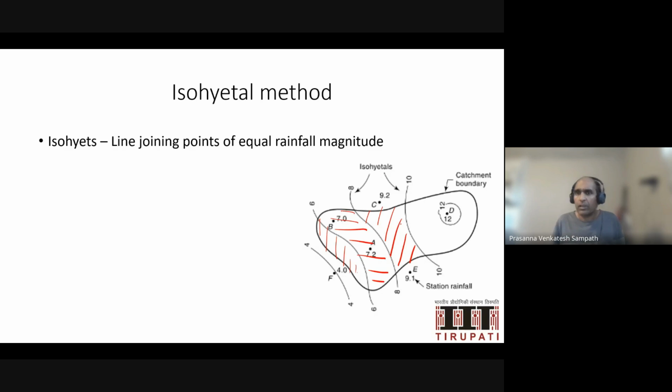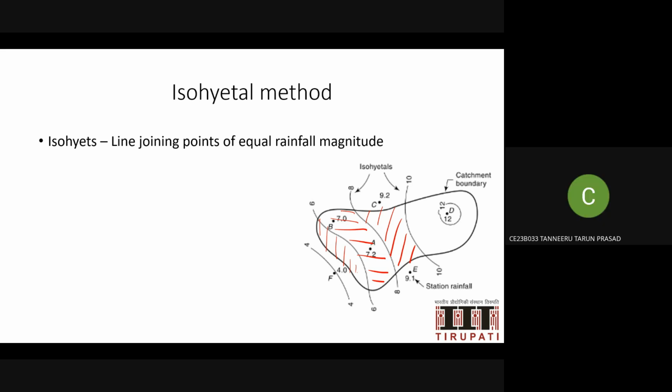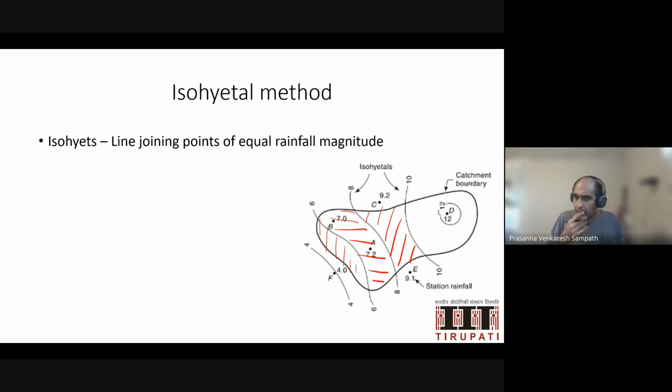How will that help me find out the mean precipitation? Any idea? Any thoughts? Go ahead. No idea? Come on. It's okay if it's wrong. Don't worry. Anybody else?